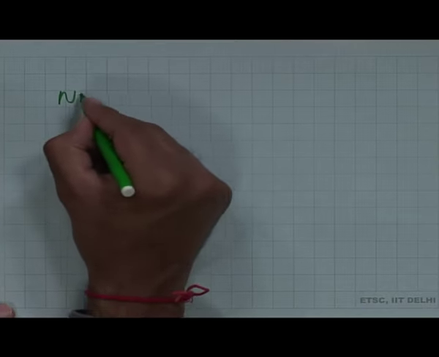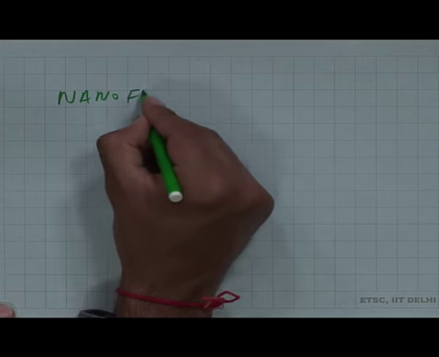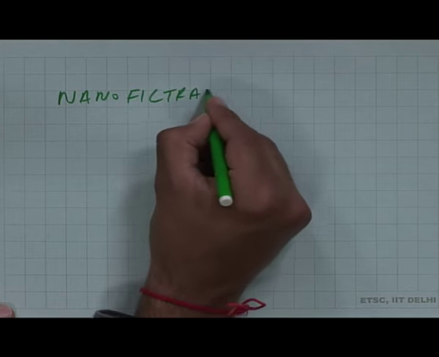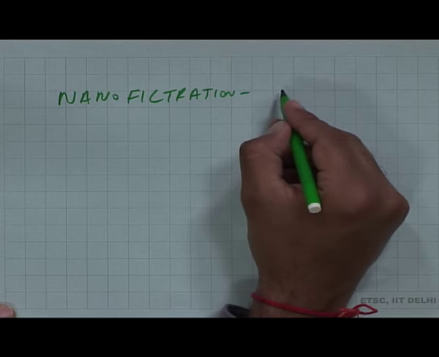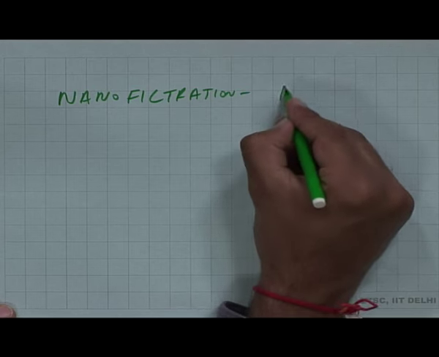Another step of the purification is ultrafiltration, or what we call nanofiltration. So, basically in nanofiltration the size becomes even smaller. Here we talk about size in terms of molecular weight of protein. Okay.